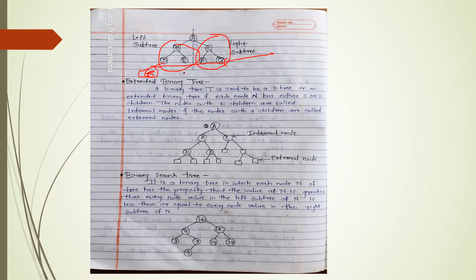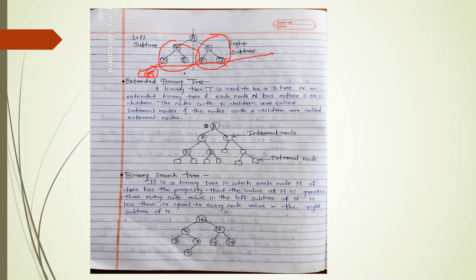Next is extended binary tree. A binary tree is said to be a two tree or an extended binary tree, if each node has either 0 or 2 children. The nodes with 2 children are called internal nodes and the nodes with 0 children are called external nodes. Means the nodes have either 2 children or 0.